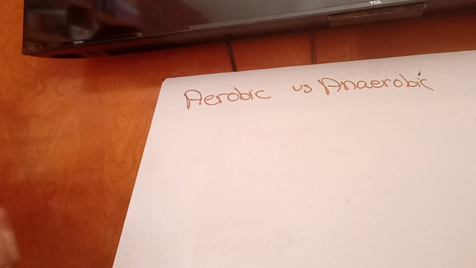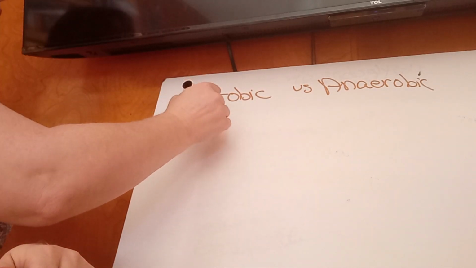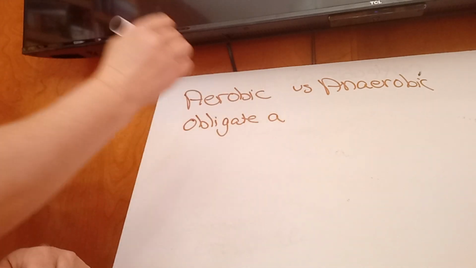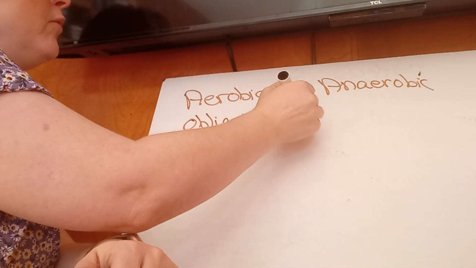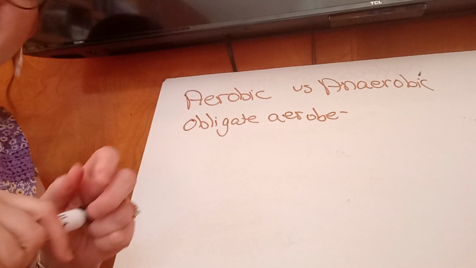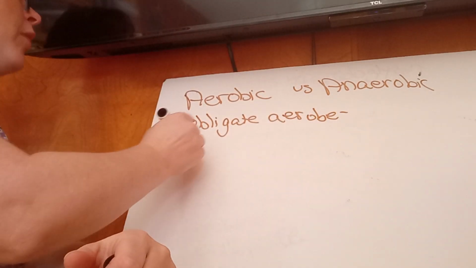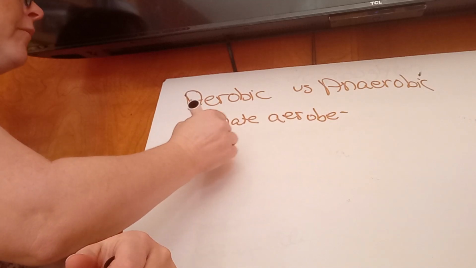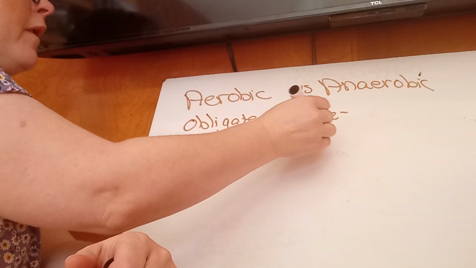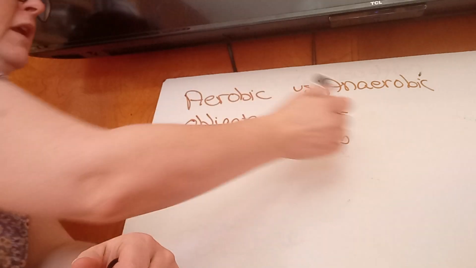So we have three different types here. We have an obligate aerobe, which means they must have oxygen. Then we have an obligate anaerobe. They do not need oxygen.